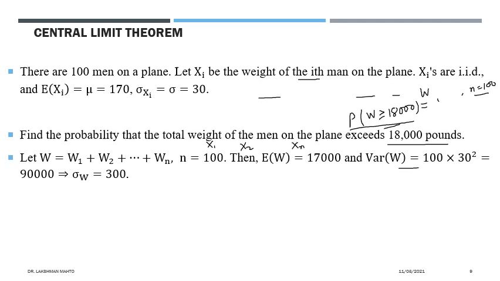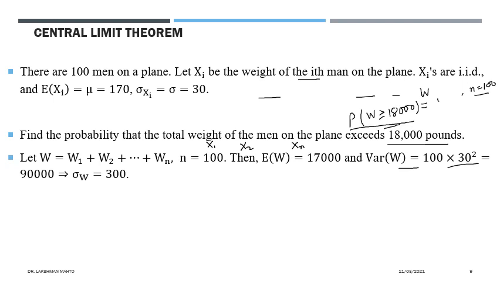Each xi is independent and identically distributed, so the mean of W is n times the mean of xi, that is 100 times 170, so the mean of W is 17,000.